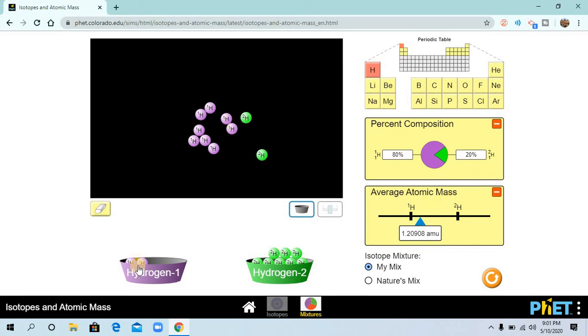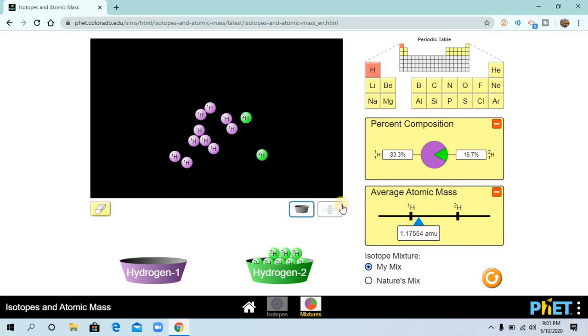Here you can create your own mix, mixing in your own way. See here, your average atomic mass is 1.17554 amu. You can do it yourself. It's how you can make your own mix.